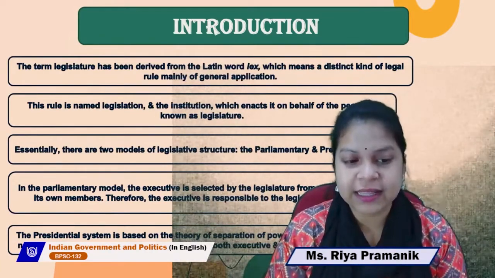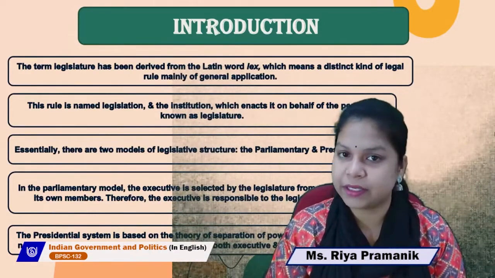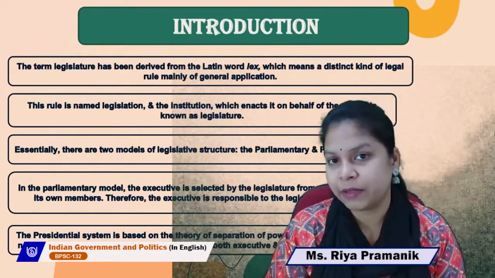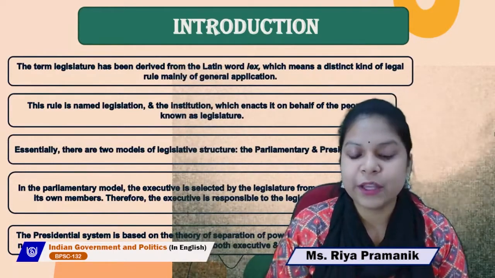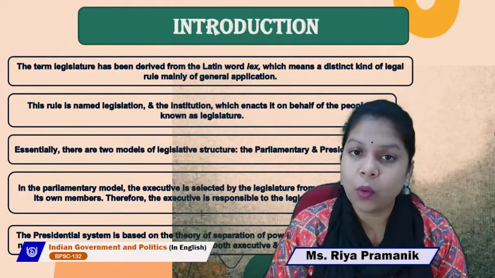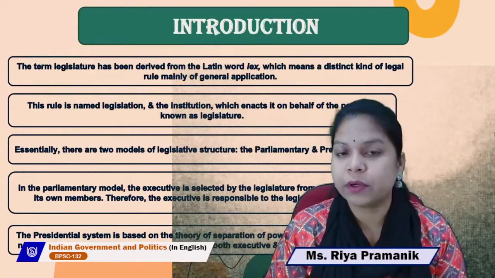So essentially, there are two models of legislative structure, the parliamentary and the presidential, as I have already briefly told you in the previous slide. So in a parliamentary model, the executive is selected by the legislature from among its own members. Therefore, the executive is responsible to the legislature.